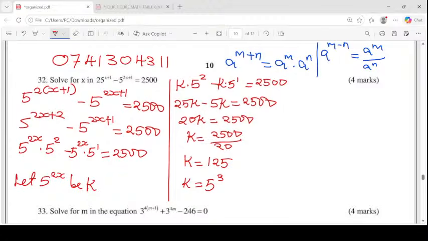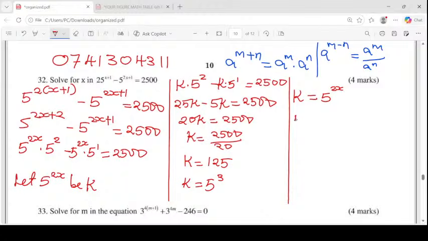So now we get back. Remember, the aim is to get the value of x. Initially we said let k be 5 power 2x. But what have we found as our k? We found k as 125, which is like saying 5 cubed.